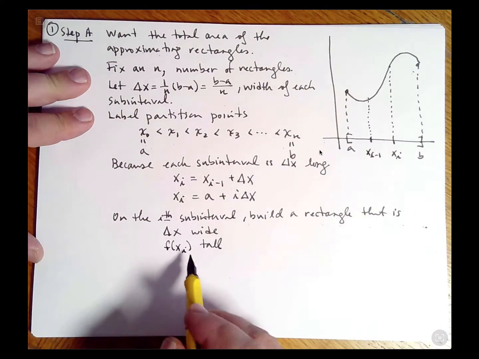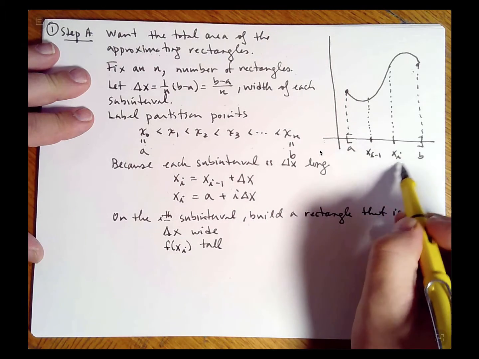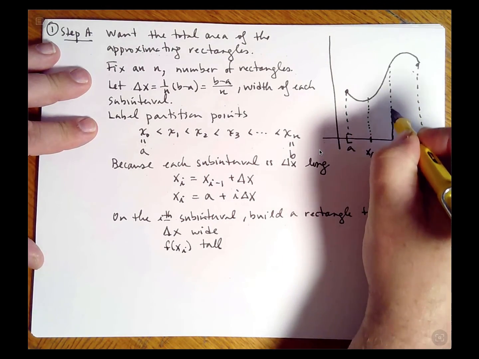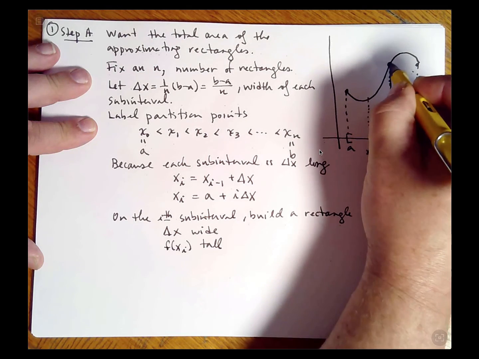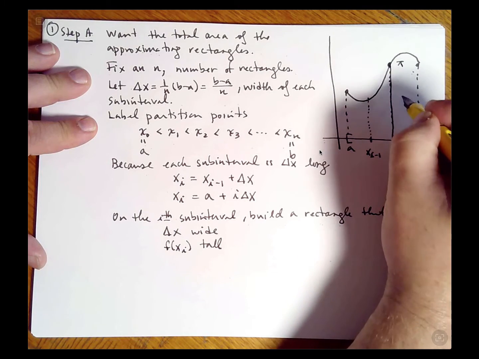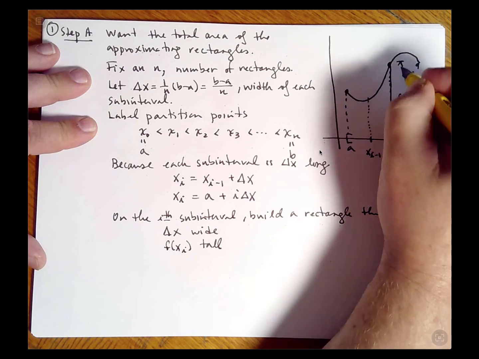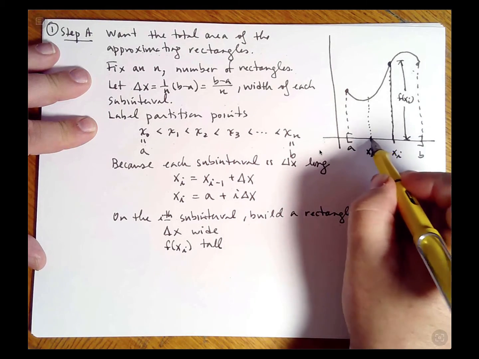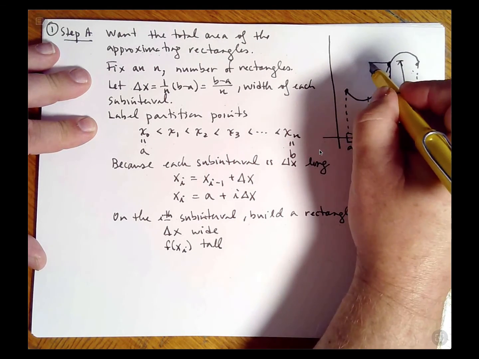And I'm choosing to use the right endpoints. So my rectangle is going to be this tall. I'm going to use the function at the right endpoint. So here's the height of the rectangle. And it's going to be this wide. So here's my rectangle.